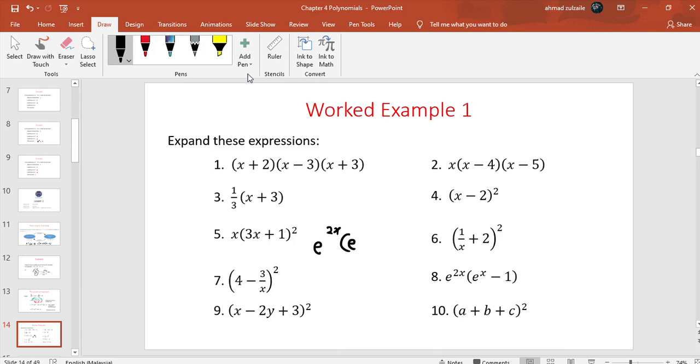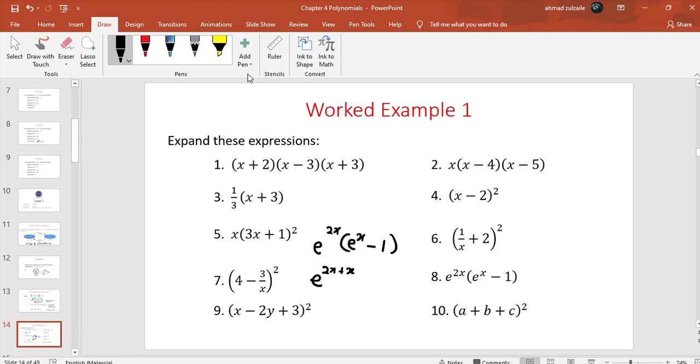between these two terms. When you multiply e to the power of 2x with e to the power of x, what happens when you multiply with the same base? The powers will be added. You will add both powers, so e to the power of 2x plus x.